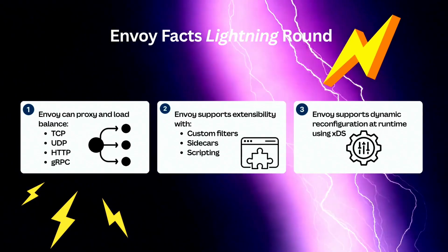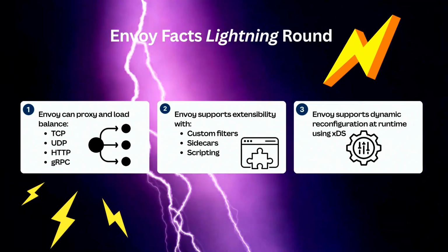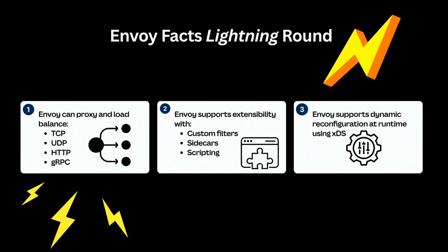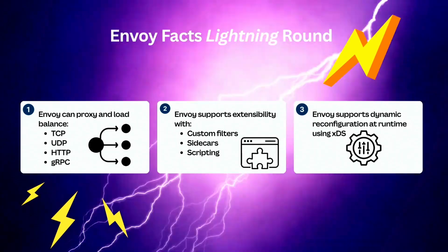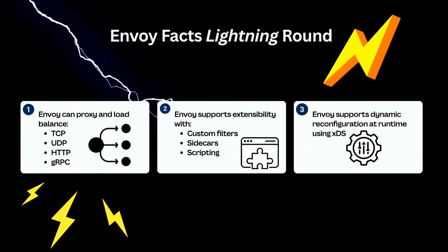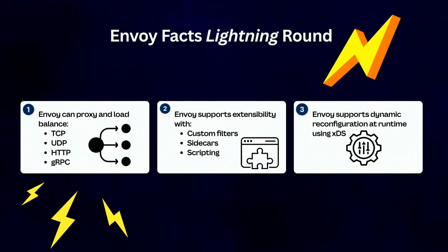Envoy supports different options for extensibility with custom filters, sidecars, and yes, for when you're in a real pinch and you want to absolutely maximize the work not done and add some additional tech debt, there is scripting support as well. And finally, Envoy supports dynamic reconfiguration at runtime using xDS. What's xDS? Hold that thought, we'll get to that eventually.